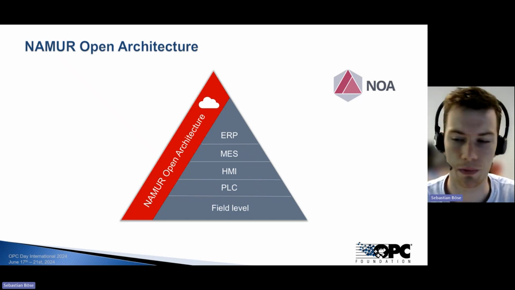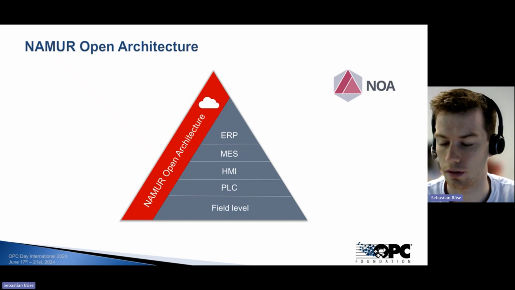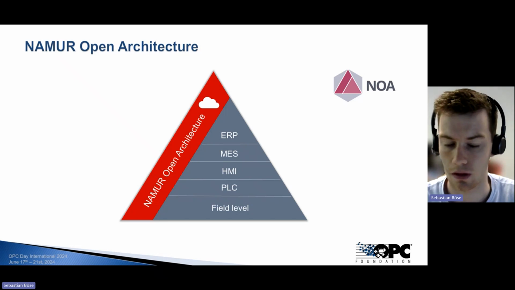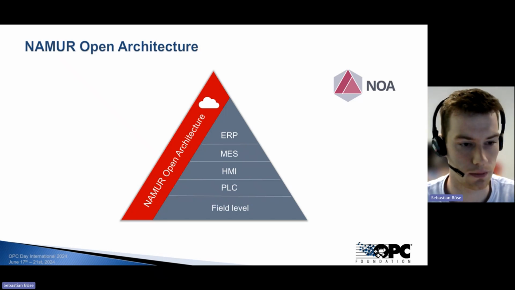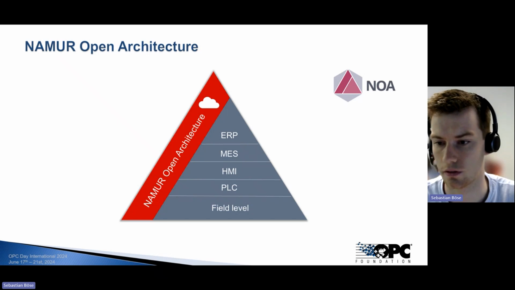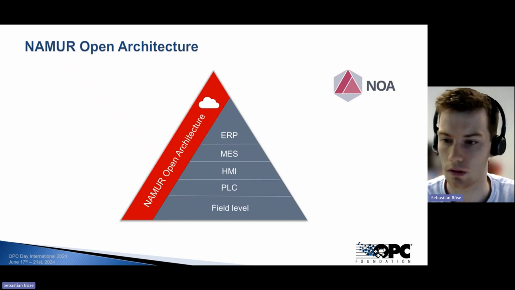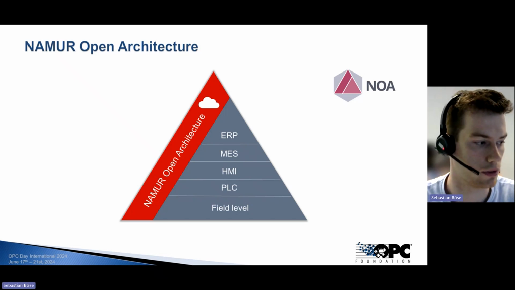So these data won't be sent to the DCS, but more to an asset administration or asset management tool. This is the general concept behind the NAMUR Open Architecture, which is standardized in the NAMUR general recommendations.